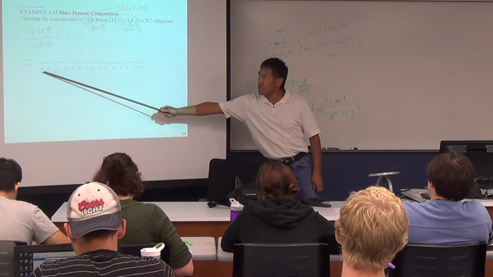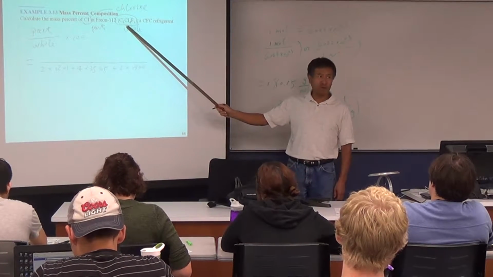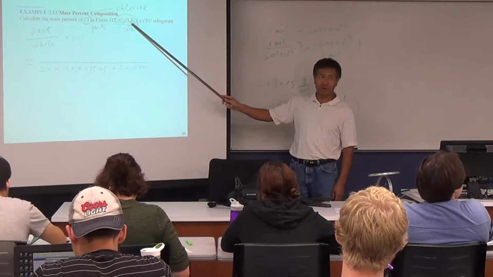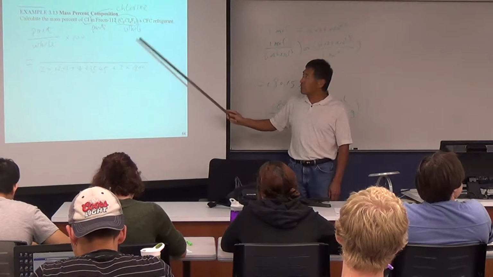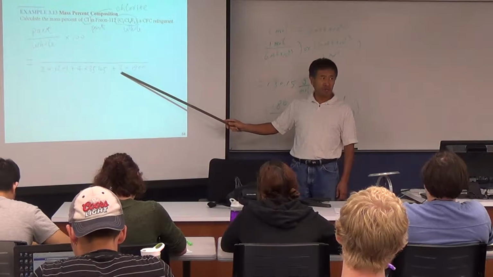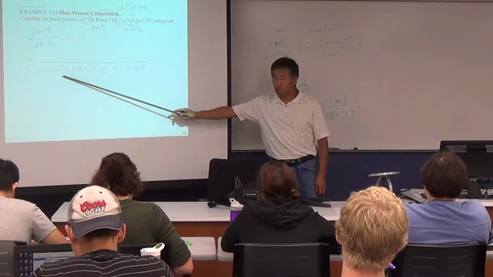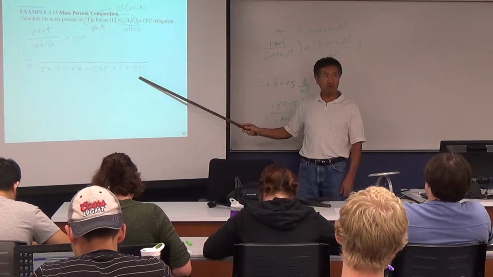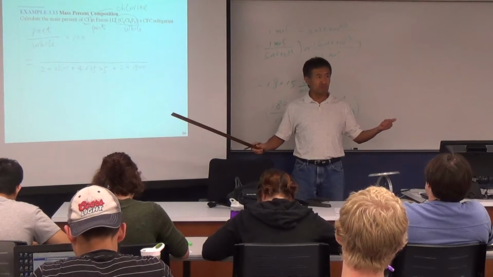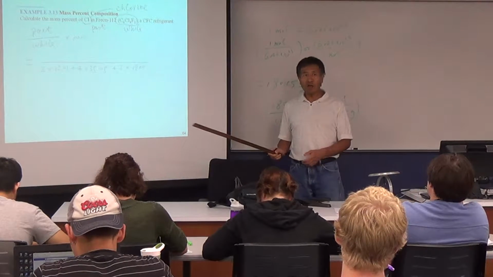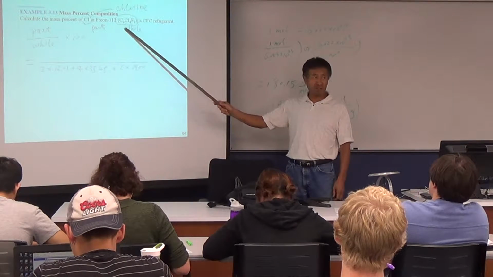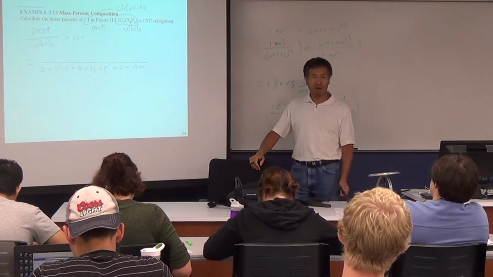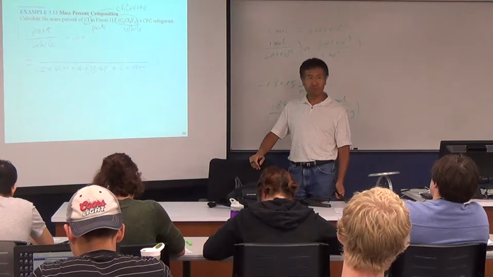So again, this number 2 is from the formula, this 4 is from the formula, and this 2 is from the formula. 12.01, 35.45, 19.00 are all from the table. Then you calculate everything in this formula. That is what is called the whole.